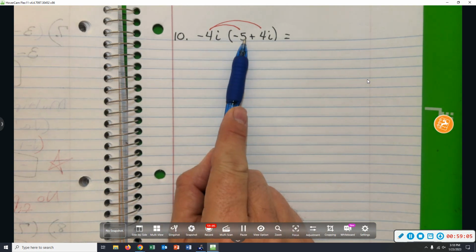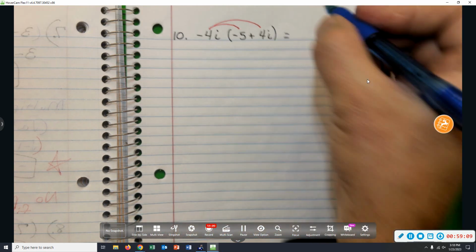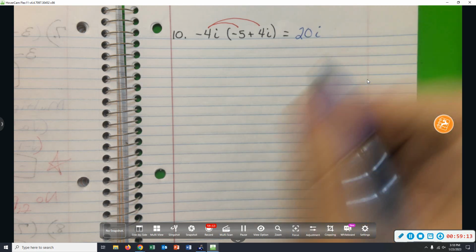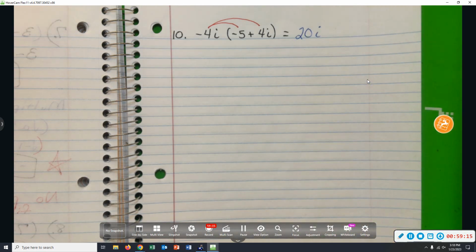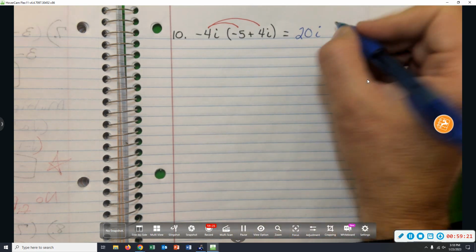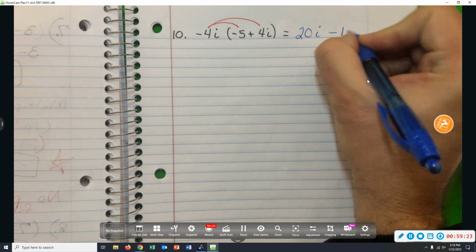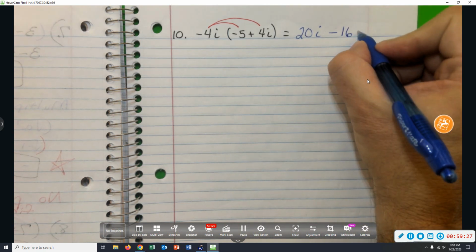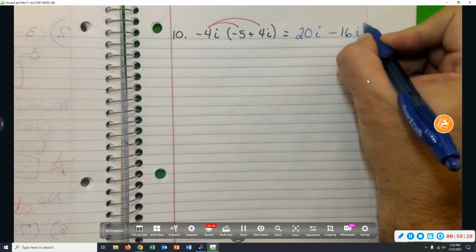Negative 4i times a negative 5. What's that going to give us? 20i. Negative times negative gives me positive. That's why we got that positive 20i. What else? It's going to be a negative 16. i times i is i squared.